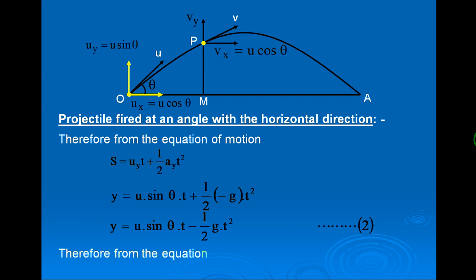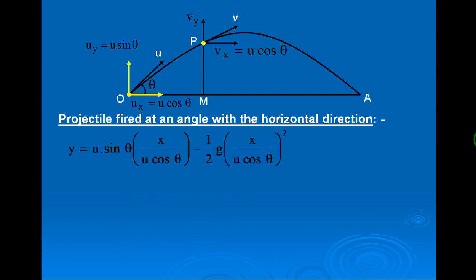Now from equation 1 and equation 2, by putting the value of t from equation 1 in equation 2, we get y is equal to u sin theta into x upon u cos theta minus half g into x upon u cos theta whole square. Now u and u cancel each other.